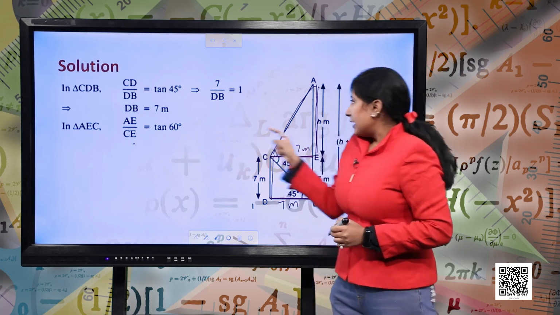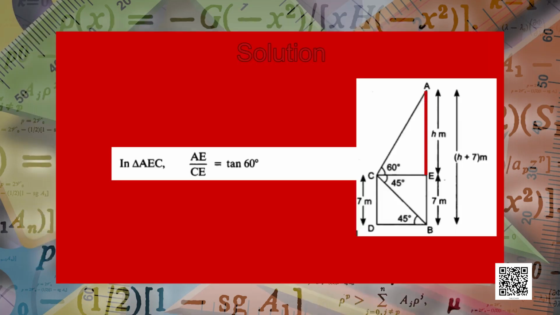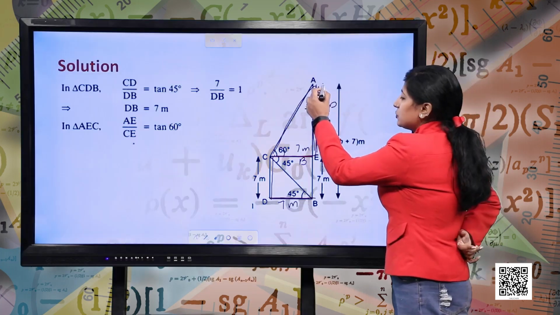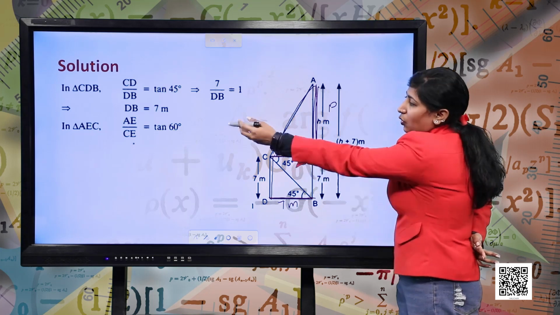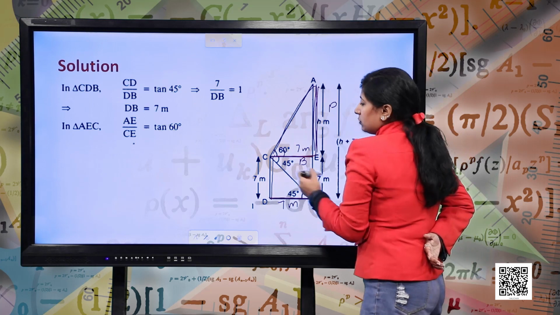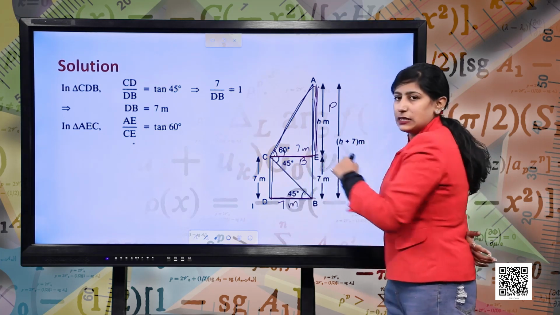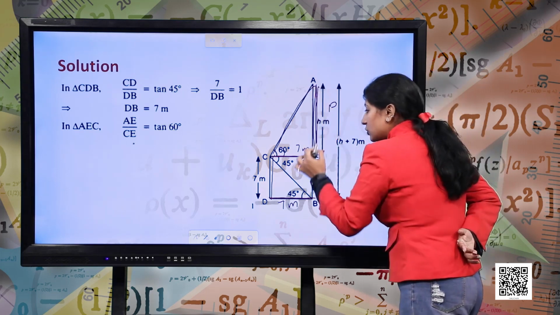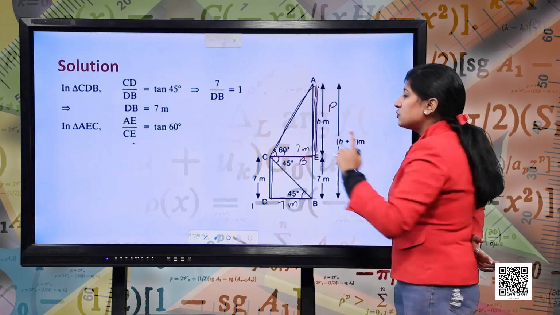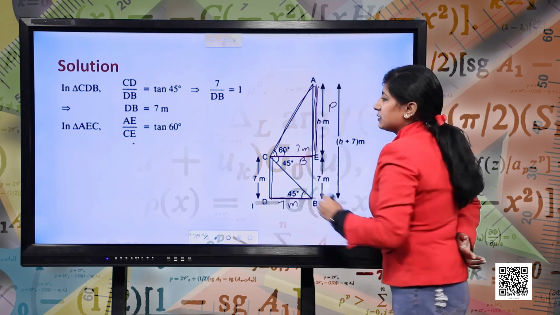Now in triangle AEC, so now we come to triangle AEC. So AE upon CE is equal to tan 60, because in this triangle ACE or AEC as you might call it, AE is H and CE is 7 meter. As you know that DB is equal to CE. So here H upon 7 is equal to tan 60, because this is perpendicular and this is base.